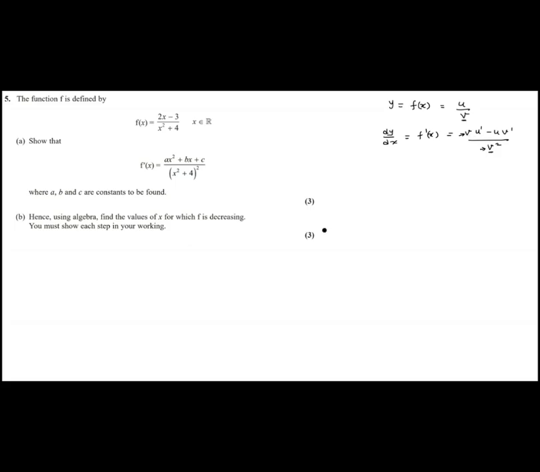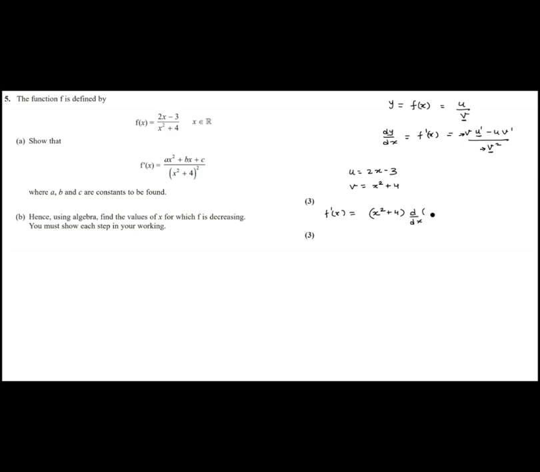Now in this question, f(x) is (2x minus 3) over (x squared plus 4). So let's say u is 2x minus 3 and v is x squared plus 4. So let's work out what f dash x is here. v is x squared plus 4, so you write x squared plus 4, and then u dash. u dash means you differentiate the function u with respect to x.